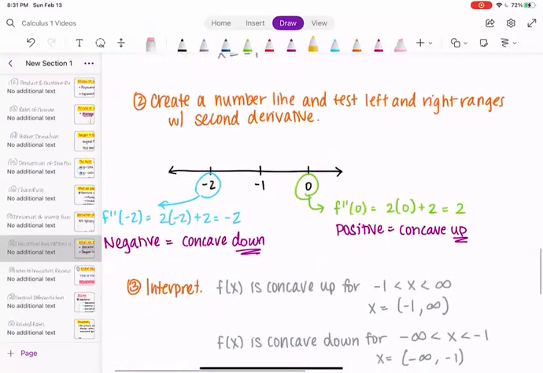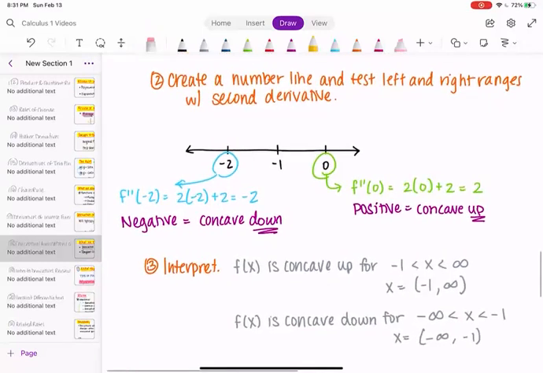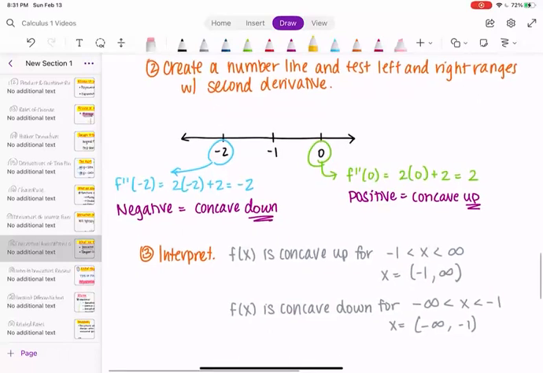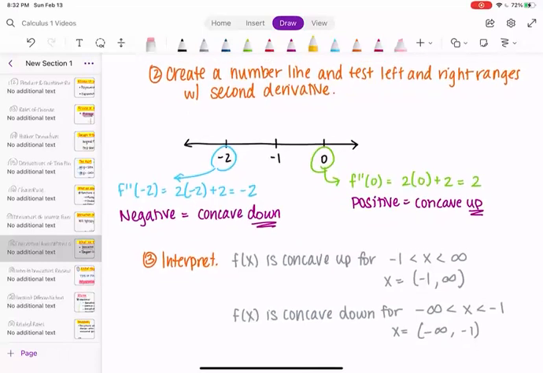And then we're going to build our same number line just like we did before and test numbers on either side of the x value we found. And we're going to find whether it's positive or negative, right? So if I plug in 0 into the second derivative, because we're testing concavity, we look at the second derivative. Just like when we tested slope, we looked at the first derivative.